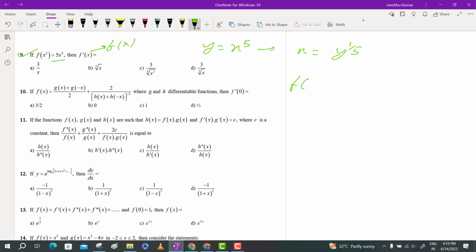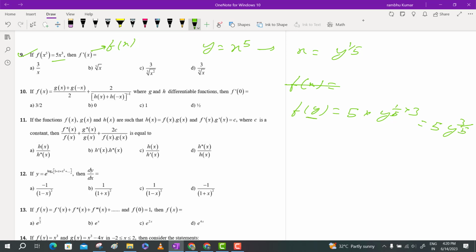So which means we can write f of y as 5, and then x is equal to y to the power 1 by 5, so this will become 5 y to the power 3 by 5.